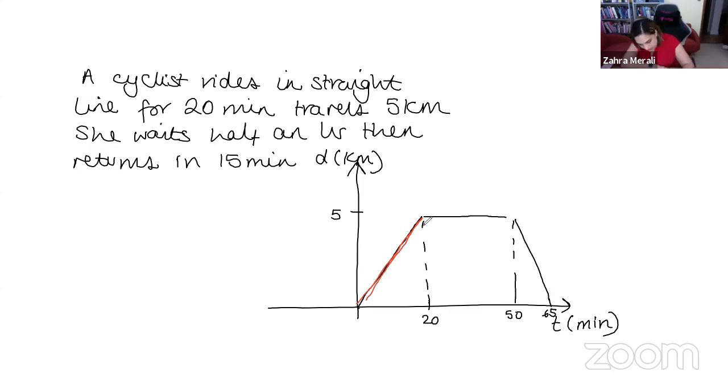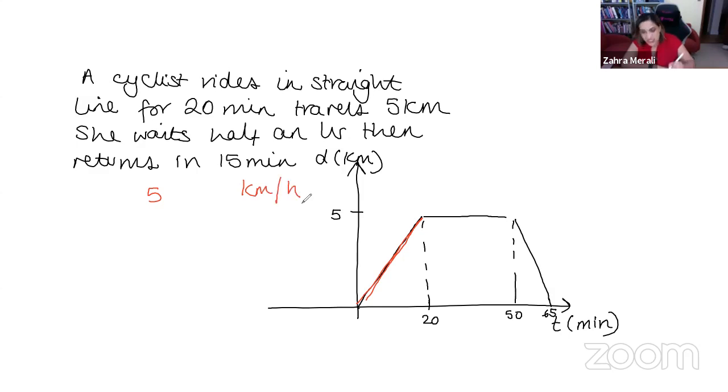So we'll have distance divided by time. So the distance is 5. If I wanted it in kilometers per minute, I'd do 5 over 20. But say the question said they wanted your velocity in kilometers per hour.